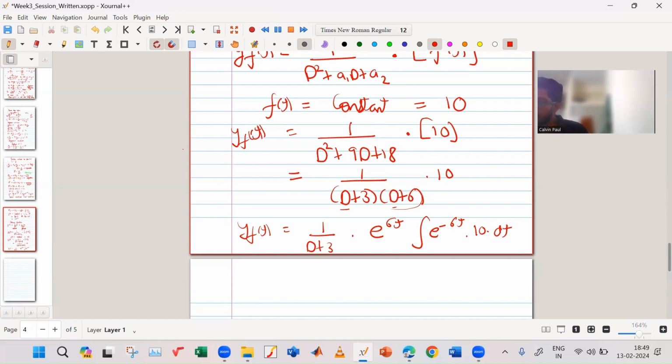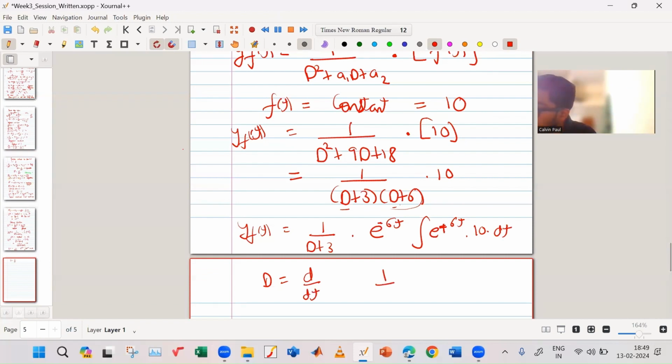Is there any doubt in this? Sorry, actually it will be e raised to minus 6t into e raised to plus 6t, whatever sign is here. Your d is a derivative, and your 1 by d is actually your integration with respect to dt.